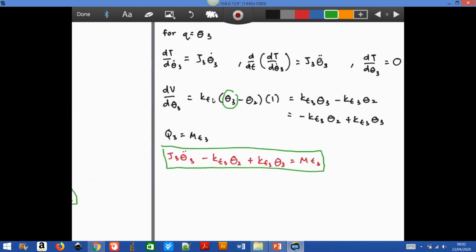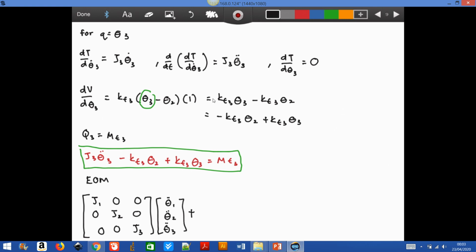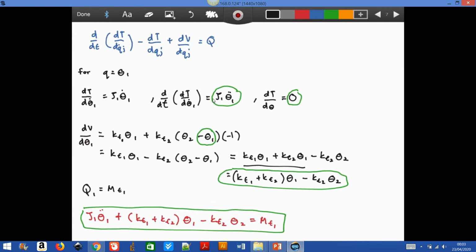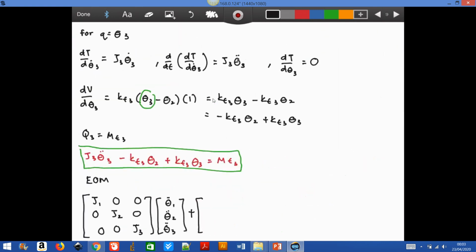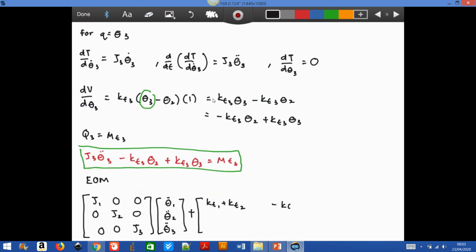So next, if we combine everything together in a matrix form, therefore the equation of motion would be the matrix J1 0 0, 0 J2 0, 0 0 J3 times theta double dot 1, theta double dot 2, theta double dot 3, plus, alright, so the first one is (kt1 plus kt2), and then the second one is minus kt2, and the third one is 0 because you don't have any terms for theta 3.